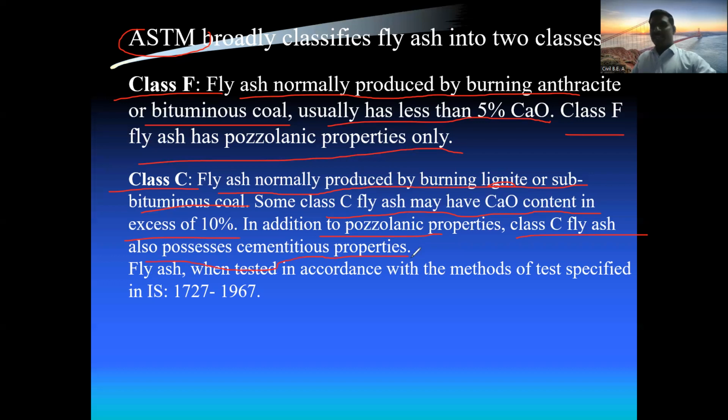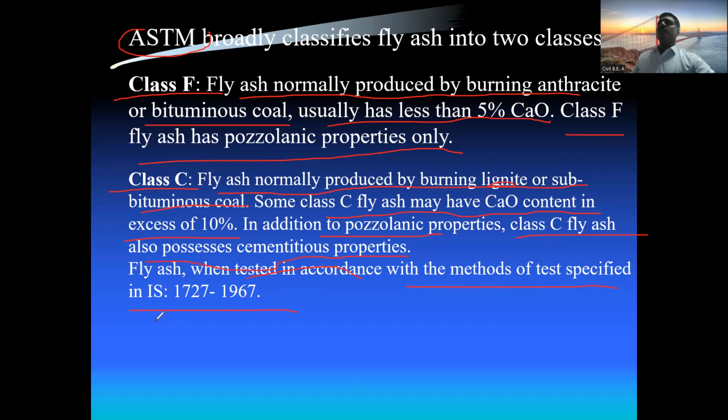Generally fly ash has pozzolanic properties, but class C fly ash has cementitious properties also. And this fly ash, when we test in accordance with the method of test specified in IS 1727/1963, we can test the class.